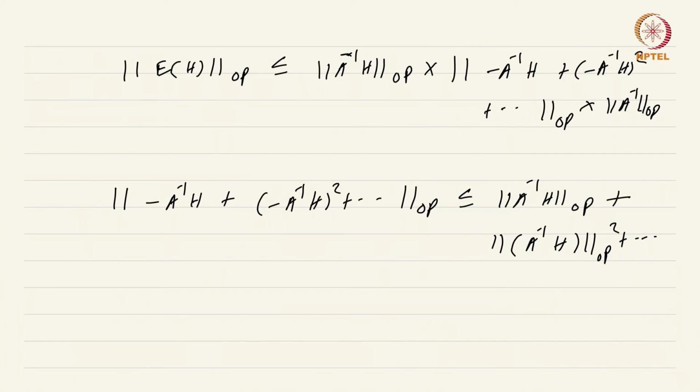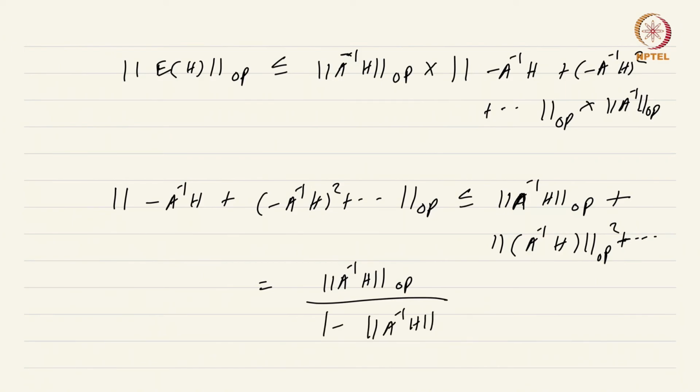So I have sort of applied a generalized triangle inequality. I am saying that if you have a convergent series, you can make a triangle inequality involving all the infinitely many terms. Okay, and now because this norm of A inverse H is a really small term, we have taken it to be less than 1. We can sum up this series of real numbers using the geometric series expression. This is just the norm of A inverse H operator norm divided by 1 minus the norm of A inverse H operator norm.